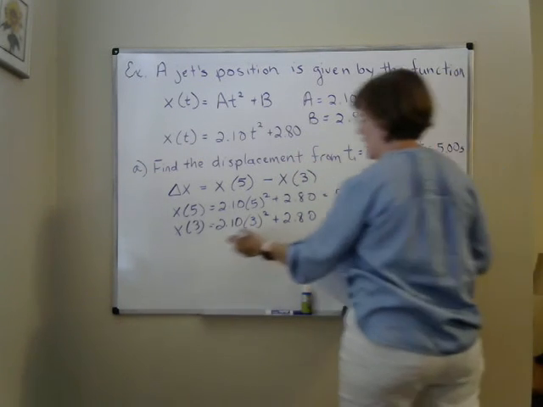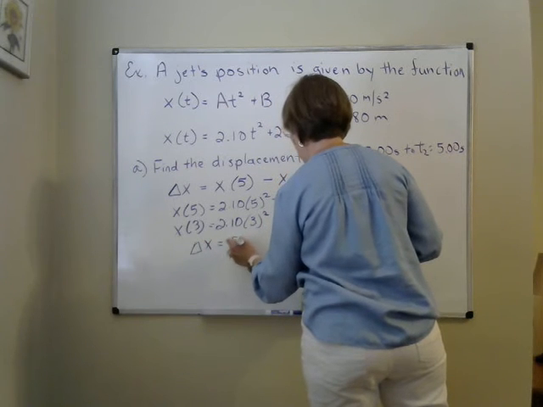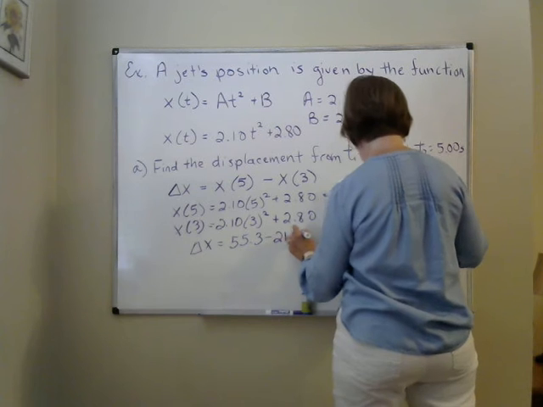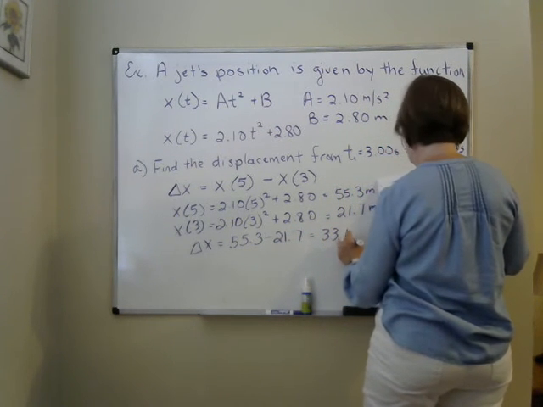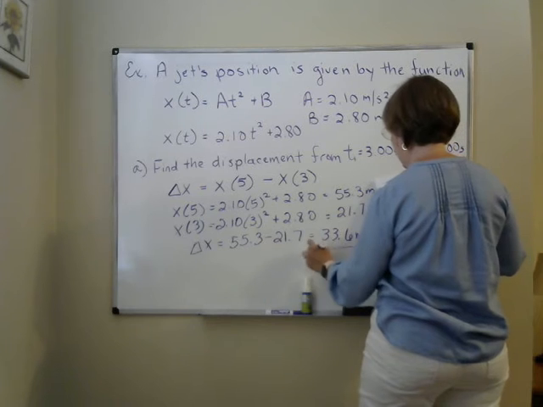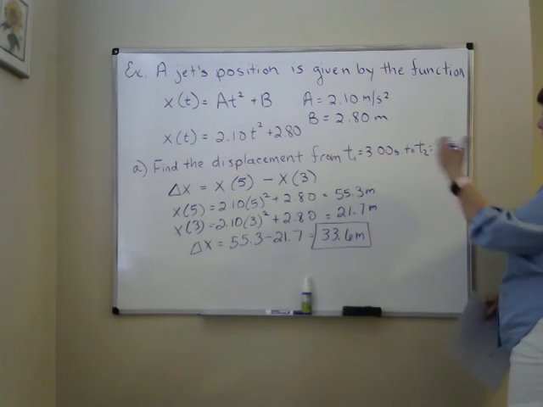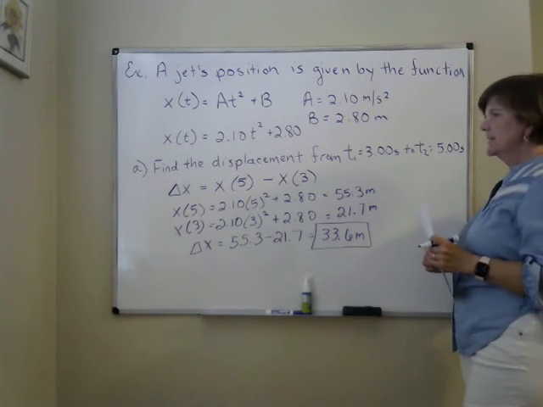When I do that, I have 55.3 minus 21.7 is 33.6 meters. So the answer to the first question is that from 3 to 5 seconds, the displacement was 33.6 meters.